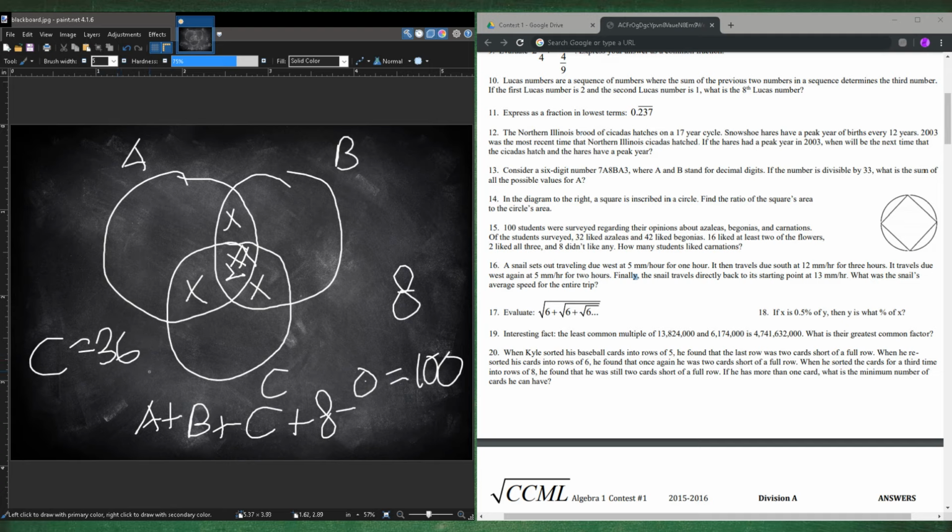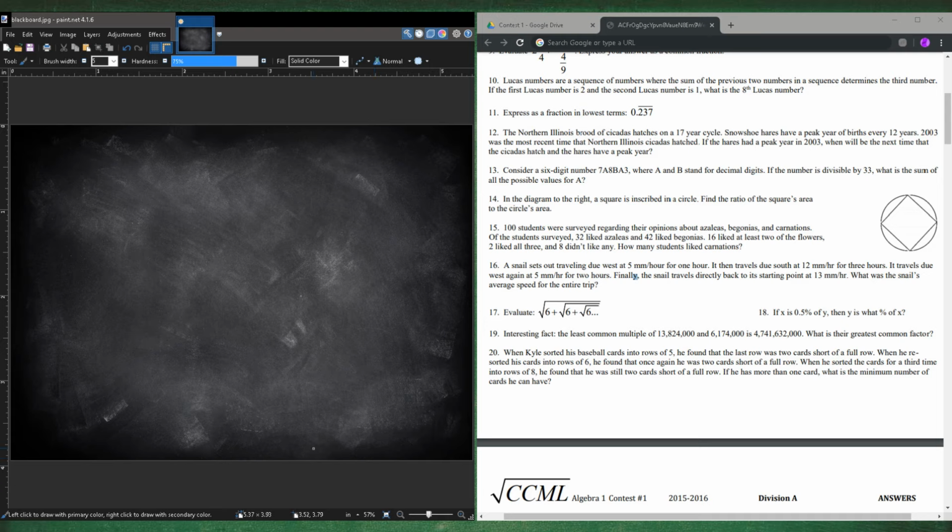Because azaleas total was 32, B is 42, and the overlap was equal to 18. So you kind of just get them together. So pretty interesting Venn diagram question, but if you just have all your information, you kind of get it right.